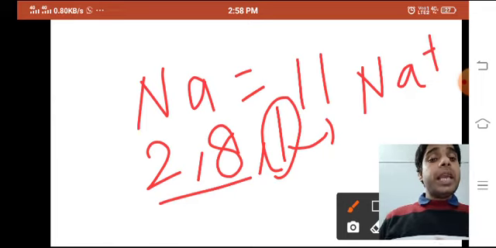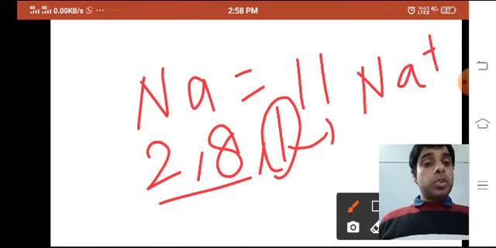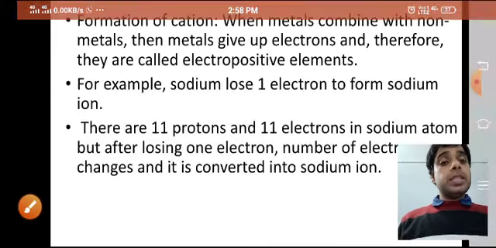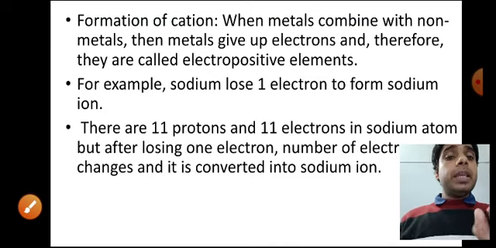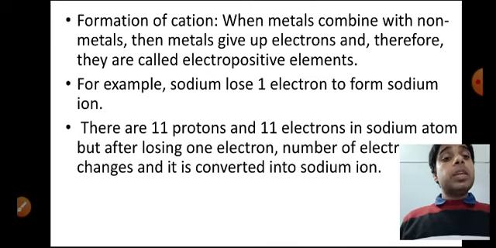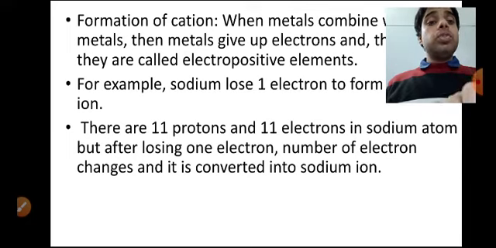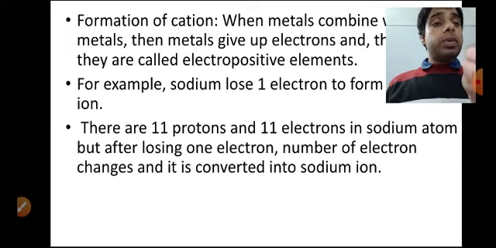Now you can see everything would change. The total number of electrons will change, the total number of protons will be the same. Here the statement is: there are 11 protons and 11 electrons in a sodium atom, but after losing one electron, the number of electrons will change, and it will now have only 10 electrons.